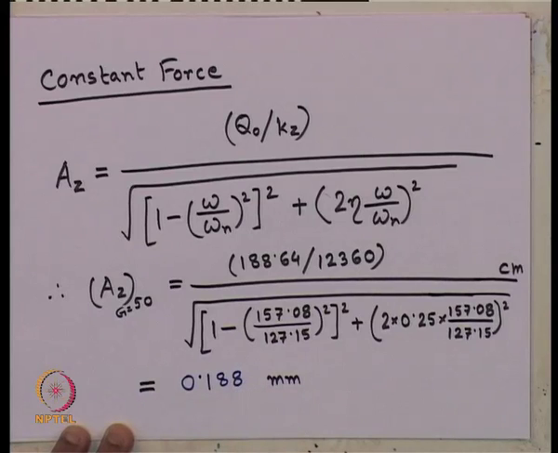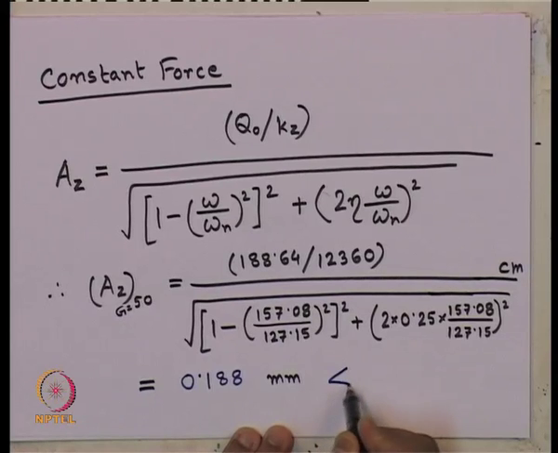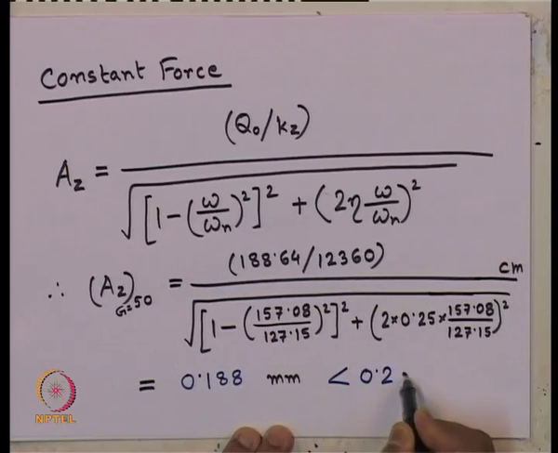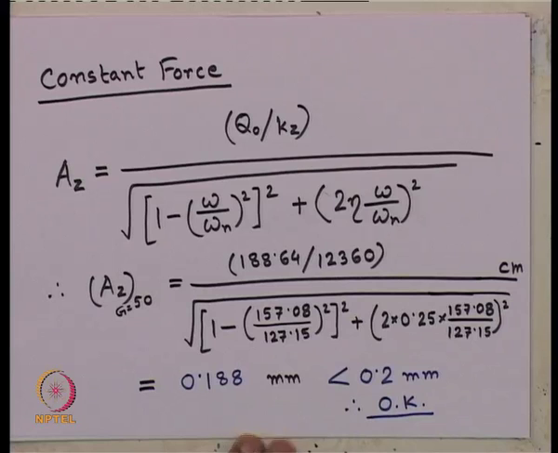It is 0.188 millimeter, and we need to check this against 0.2 mm. Therefore, the design is okay. This is a design check problem, as I said, and the design is found to be all right. This is for the first type of soil.